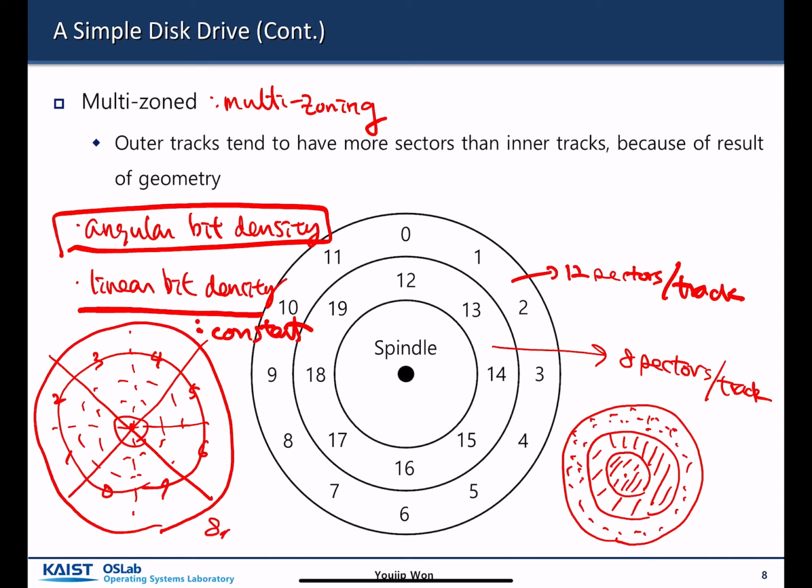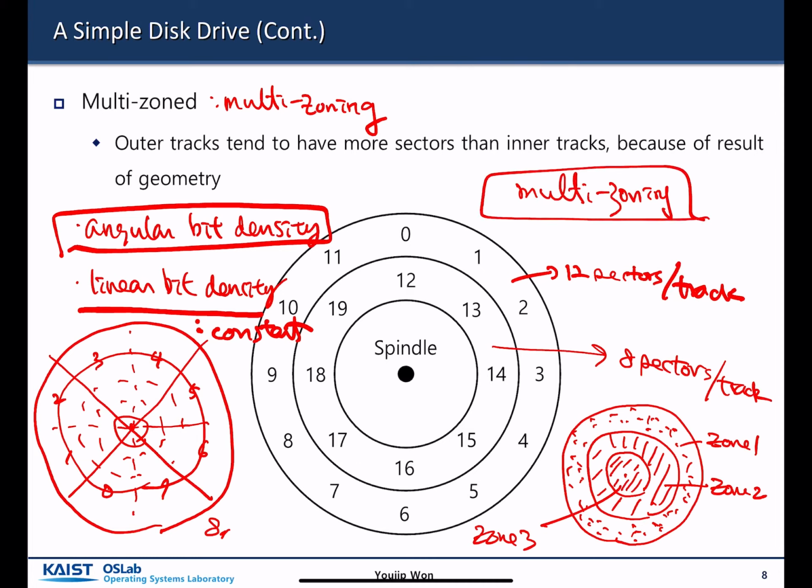So within each zone, the number of sectors per track is the same. So this is zone 1, this is zone 2, and this is zone 3, for example. So this technique is multi-zoning. What is this for? Of course, to increase the disk capacity.